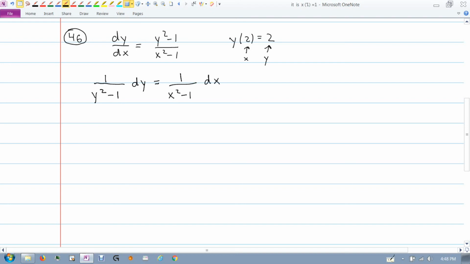And then I will resort to a formula, just pointing out that this looks a lot like 1 over x squared minus a squared.